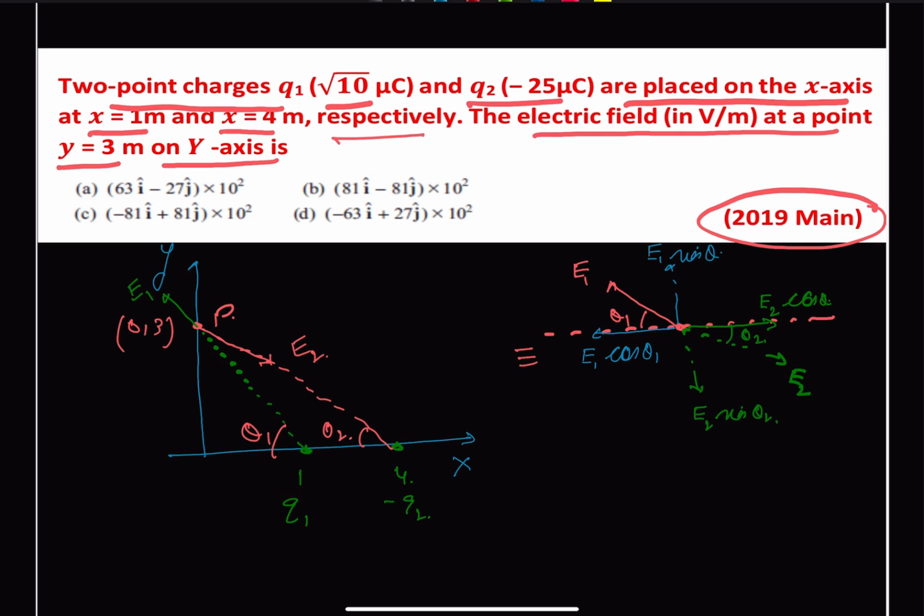Their respective distances are also given to us. This distance is 3, this distance is 1, and this distance will be 4. Therefore, we can find the magnitude of the electric field.